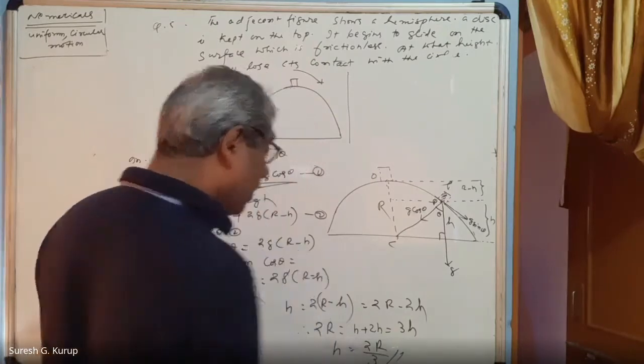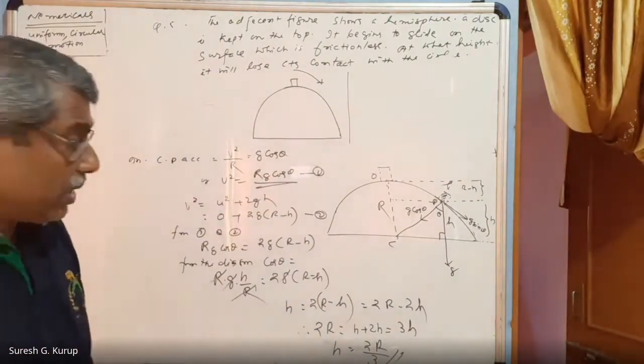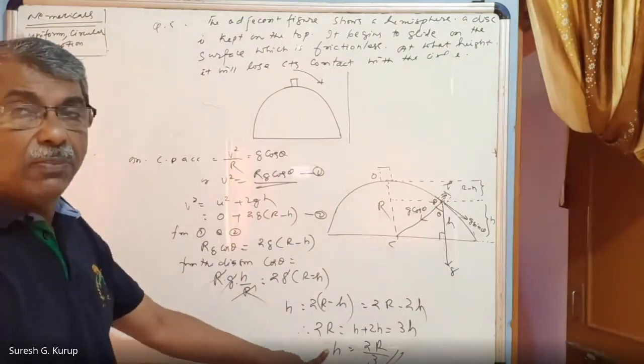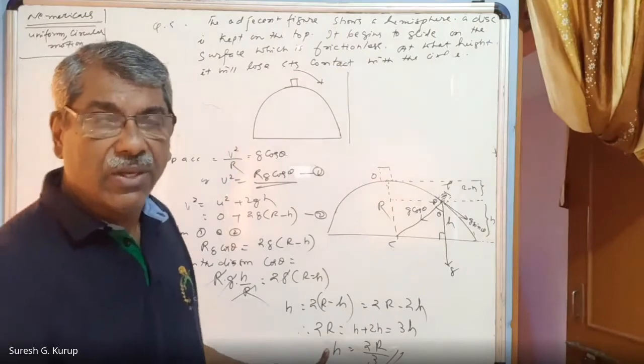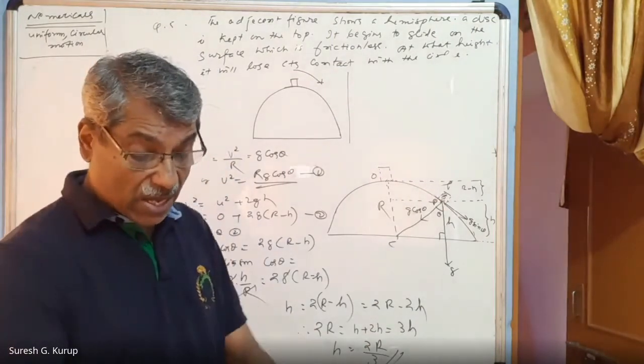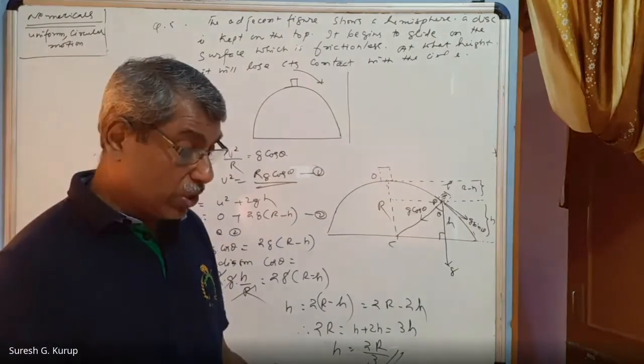I am very sorry, 2 into r divided by 3 we can write. So this is the height of the position of the body at which the body gets detached from the surface of the hemisphere. So this is one question.